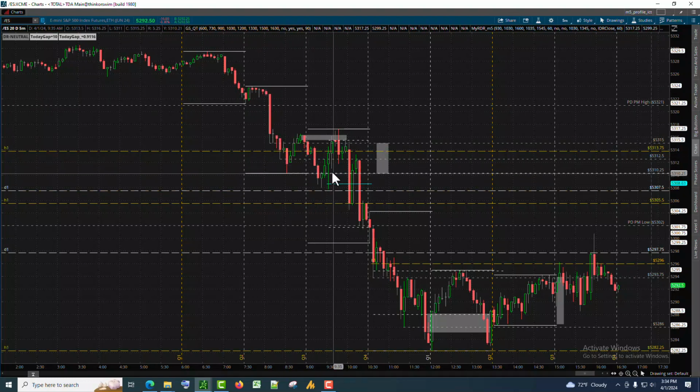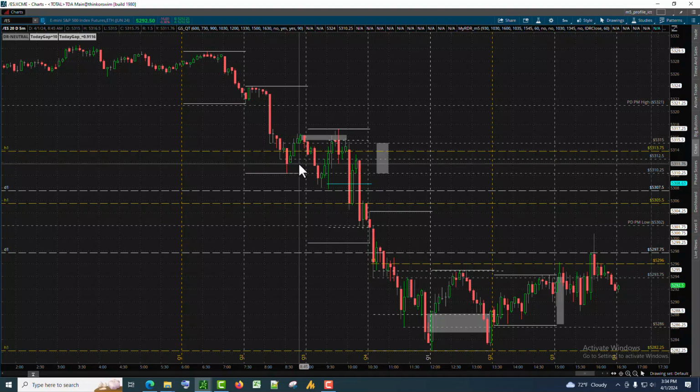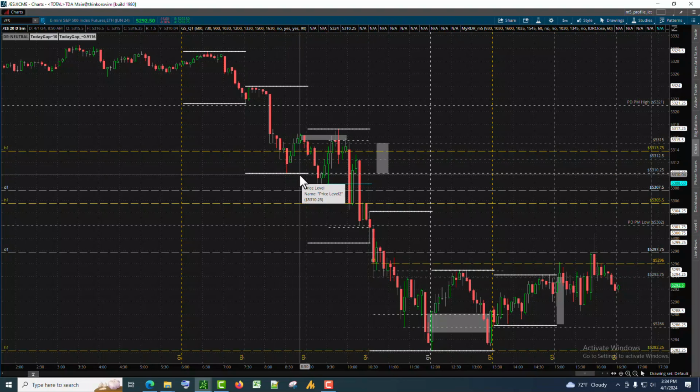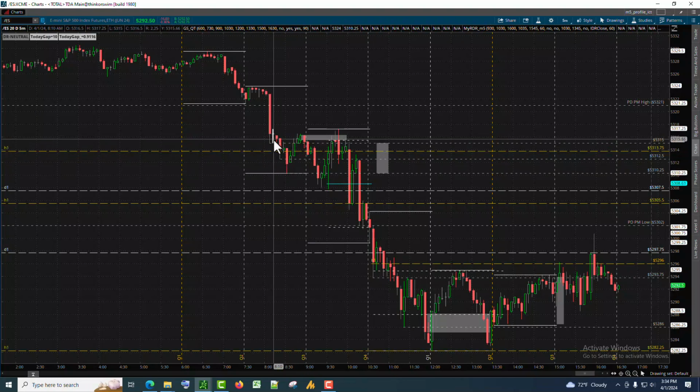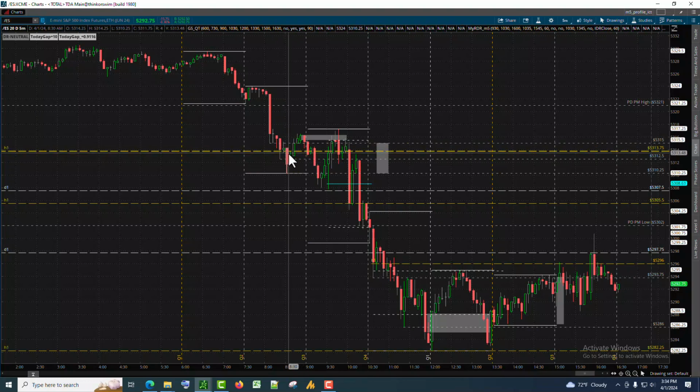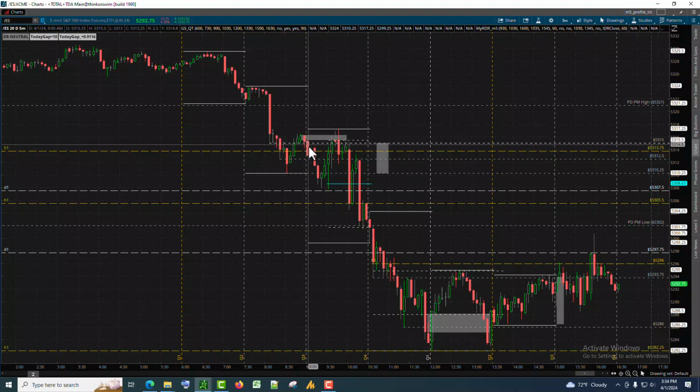But here is a very interesting move. At this level, the low right here, we see a breakdown low with a feather gap, and then we break that up again with a feather gap. Right after that we also have another gap down.